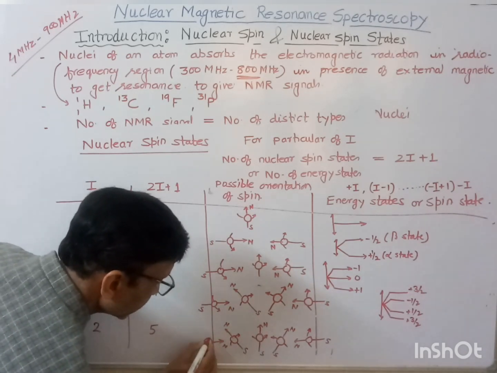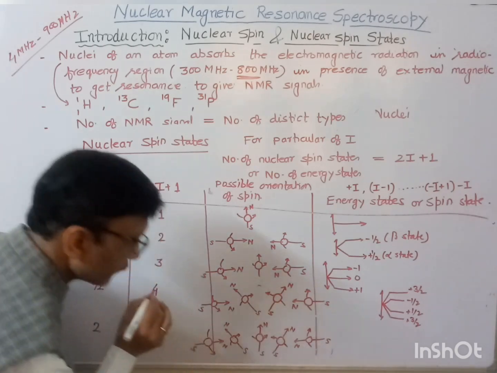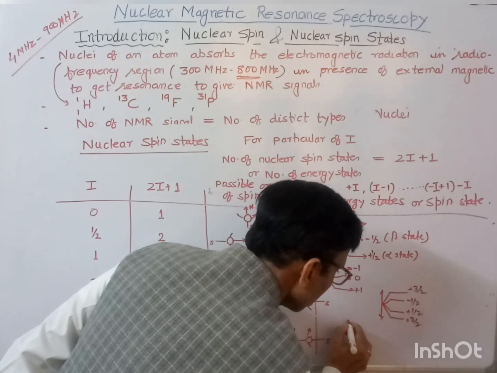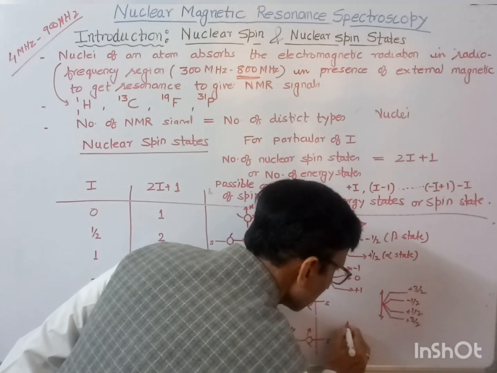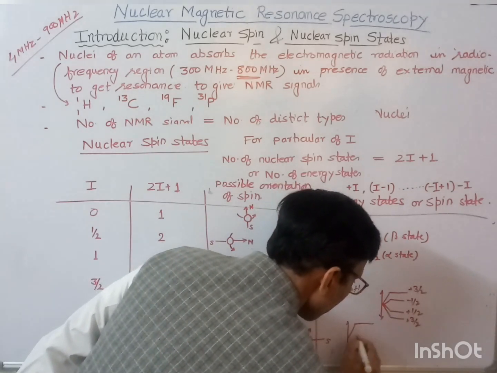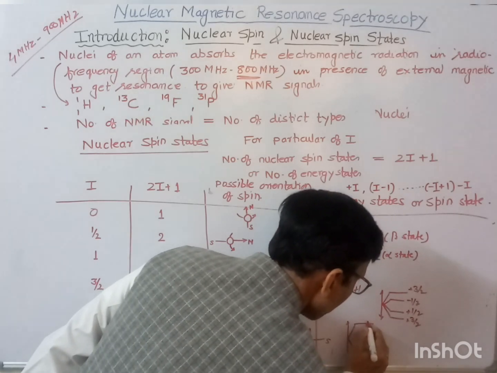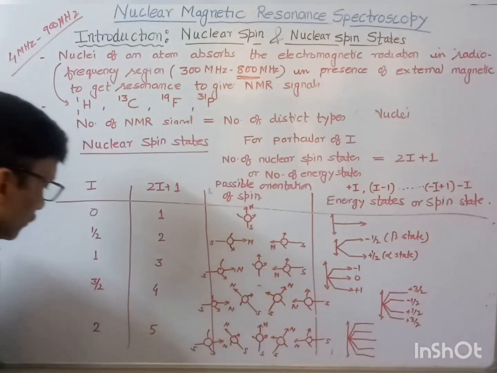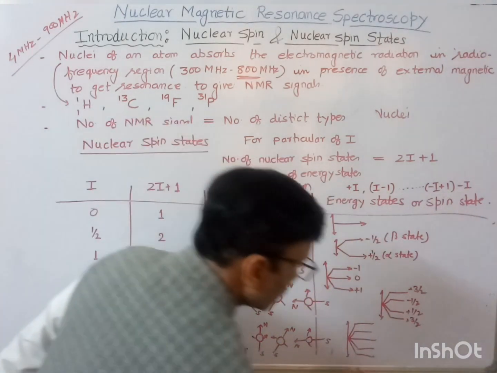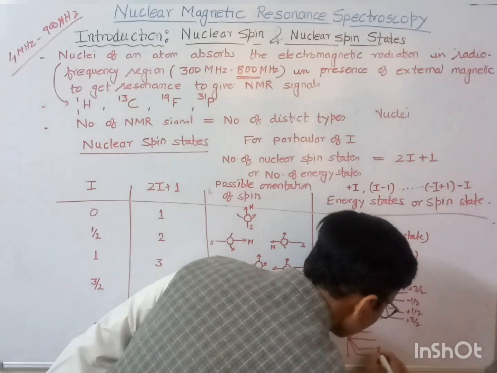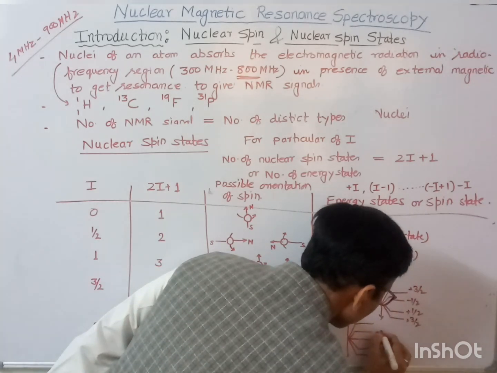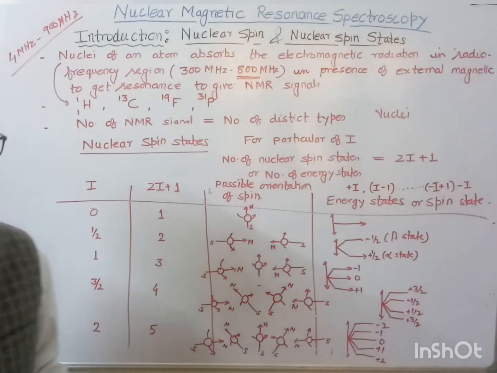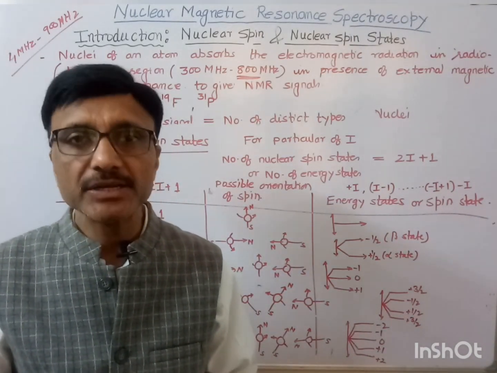The direction of rotation of nuclei would be like this. And we may show the 5 energy states: plus 2, plus 1, 0, minus 1, minus 2. These are the 5 energy states or 5 spin states, and so on.